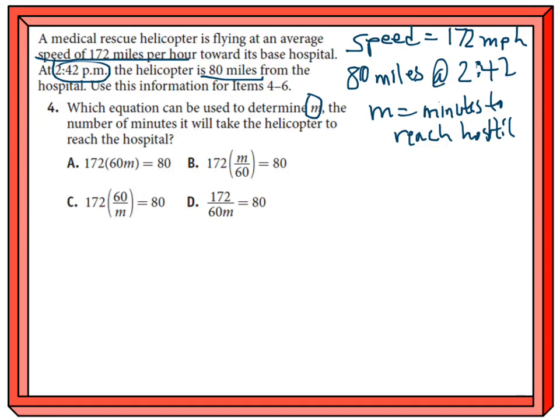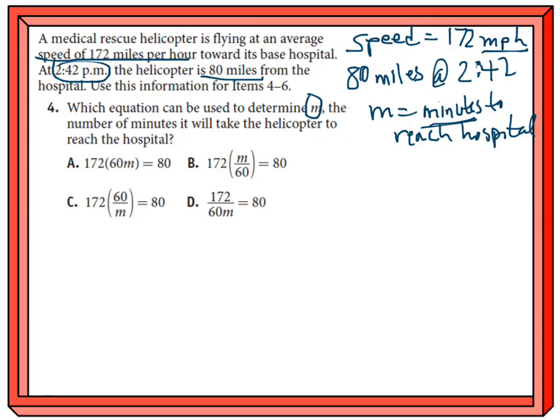Man, I did not spell that right. Let's see, where's the eraser on this thing? There we go. Minutes. Ooh, but look at this. Our speed, which we're going to have to use in here, of course, is in hours. So we're going to have to convert that in here at some point.